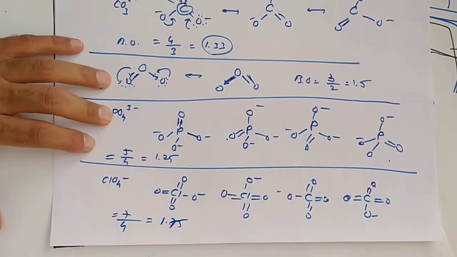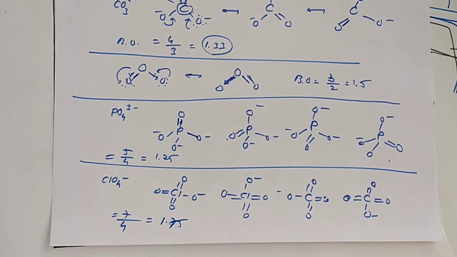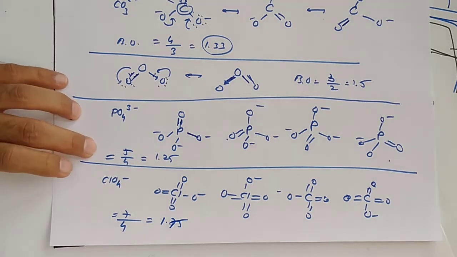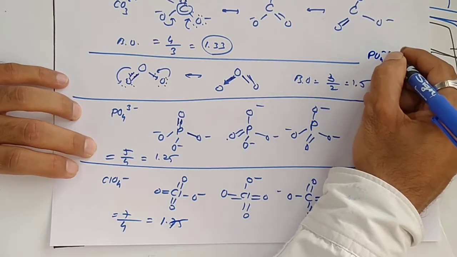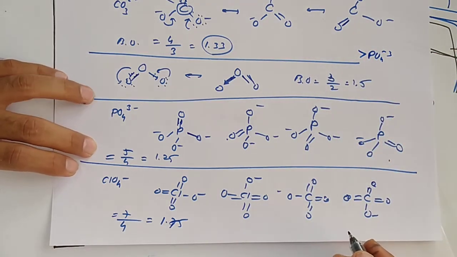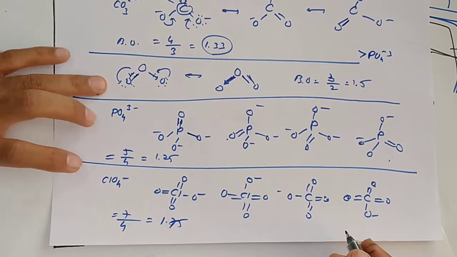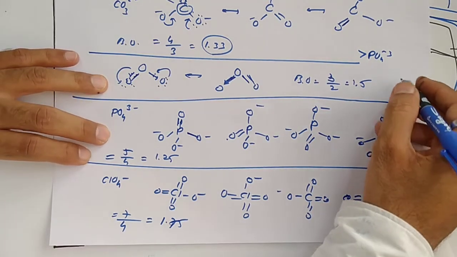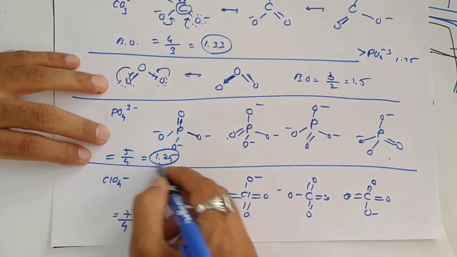So if the exam asks you to give the sequence of bond order: lowest in phosphate, 1.25.